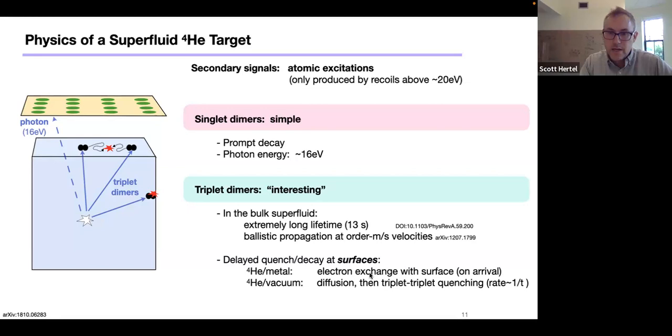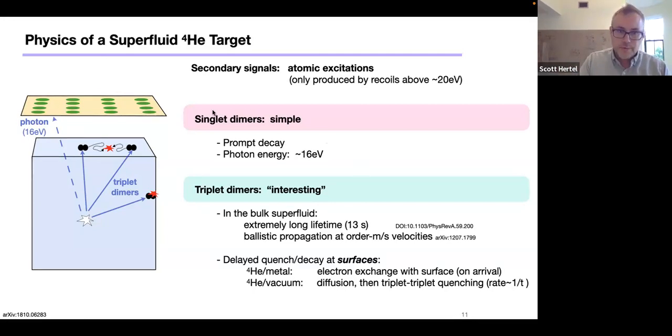So we expect diffusion of those triplets on the liquid surface, and then we expect the decays there to be dominated by triplet quenching, which would be density dependent, which should fall as 1/T.